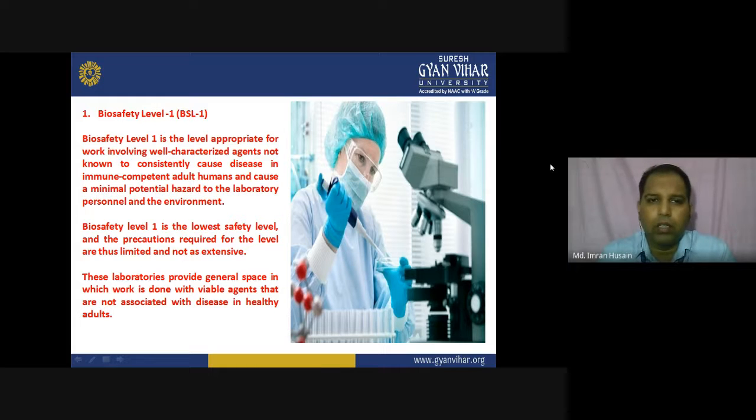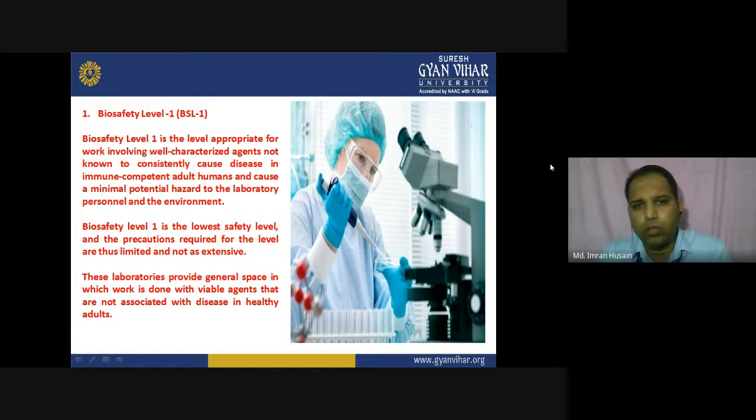Biosafety level 1 is the level appropriate for work involving well categorized agents not known to consistently cause disease in immune competent adult humans and that cause a minimal potential hazard to laboratory personnel and environment.